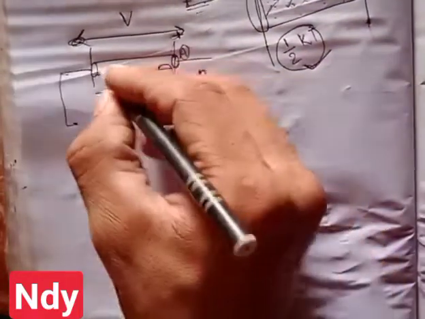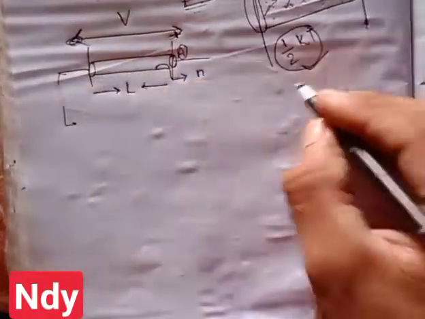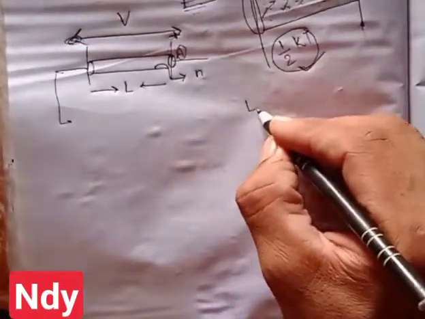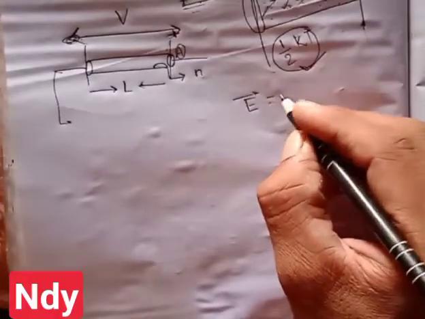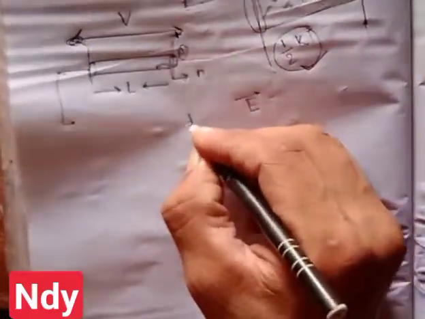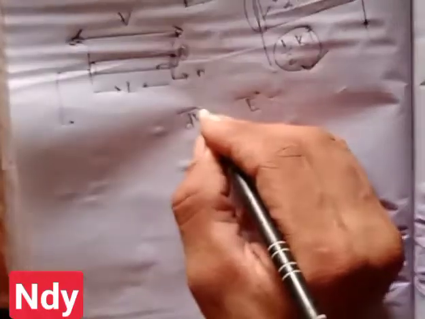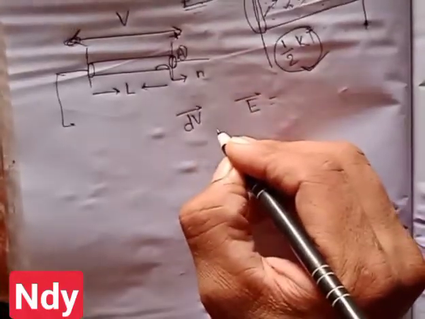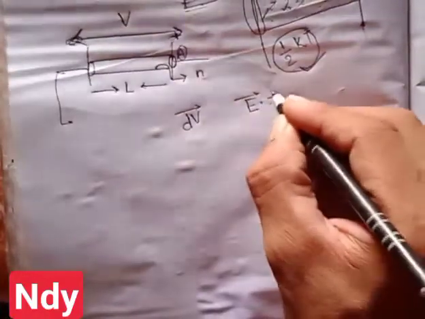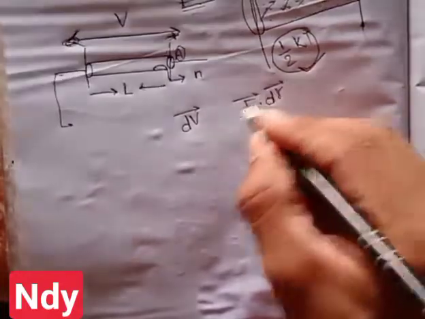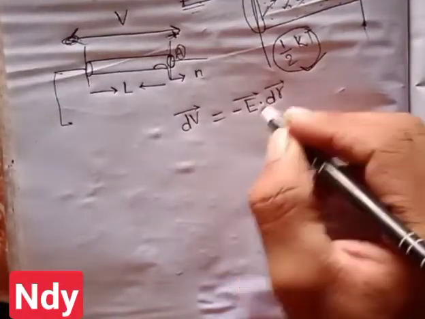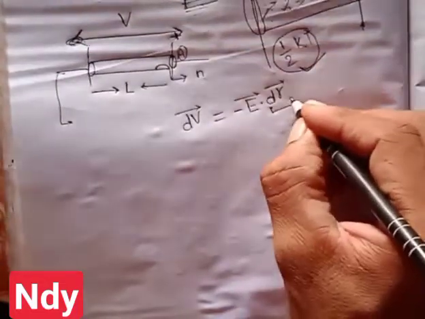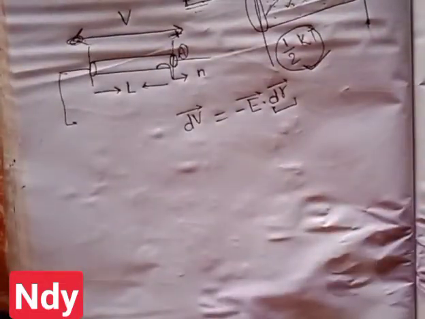If we put this potential difference, we know that the electric field E is defined by the potential difference produced by the electric field over an infinitesimal distance dr, that is dV equals minus E dot dr, where dr is the positive infinitesimal displacement vector.